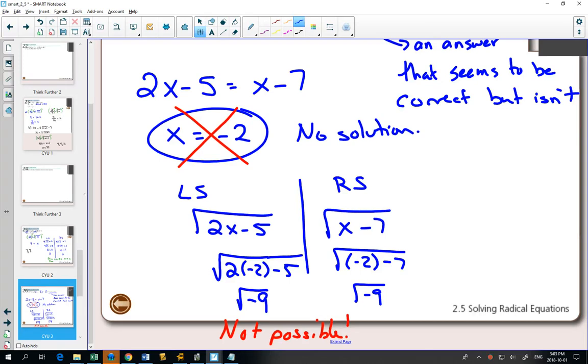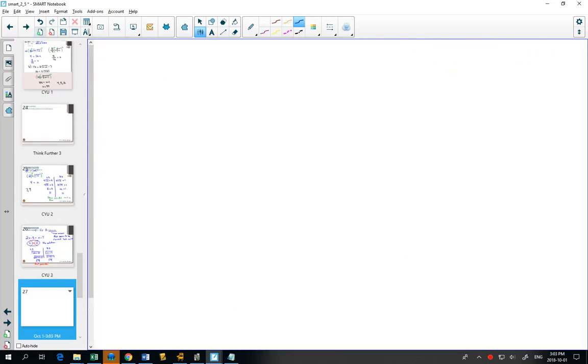I'm going to give you another example of a question which ends up with an extraneous root. So we can call this one A. If you have room, let's call this one B. Okay?